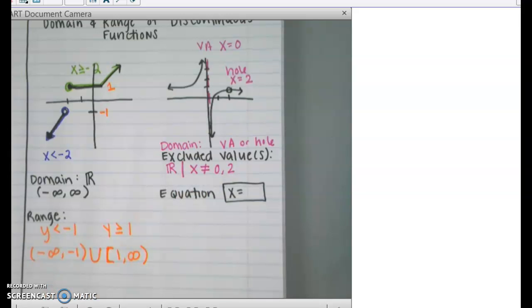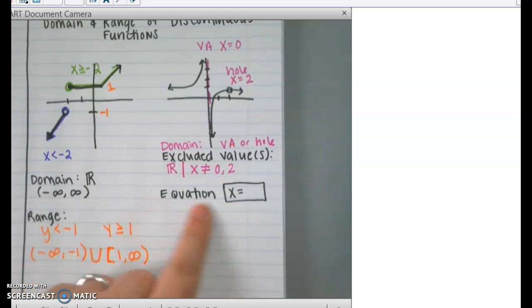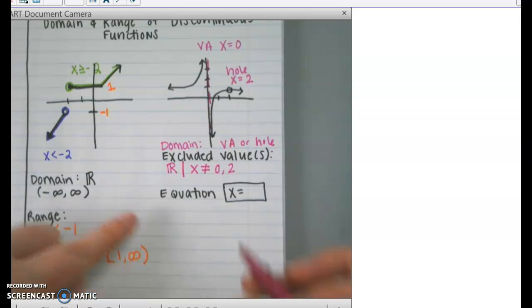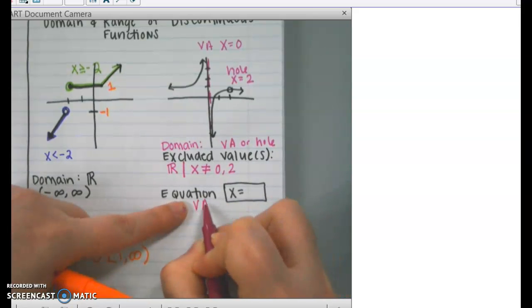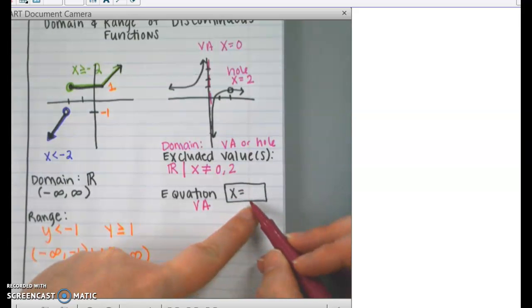All right, you will get the question wrong if IXL asks you to write the equation and you just put the number. IXL is going to mark it wrong. The equation of a vertical asymptote is written in the form of x is equal to the number where the asymptote is.